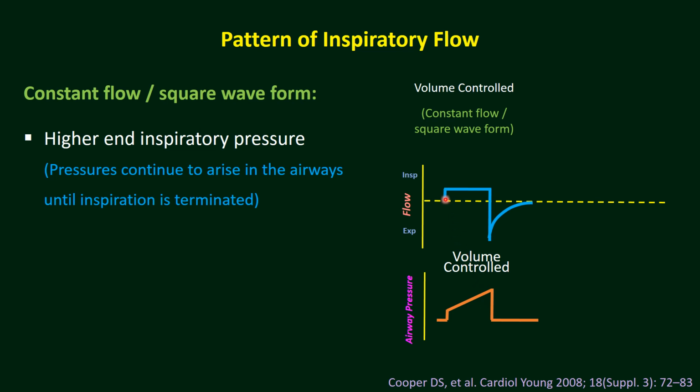Maximum flow is delivered at the beginning of inspiration and then constantly maintained up to the end of inspiration. That is why the flow curve in volume limit ventilation is box-like, or a square waveform. As there is constant flow delivered inside the lung, there is a gradual increase in the pressure inside the lung, which peaks at the end of inspiration.